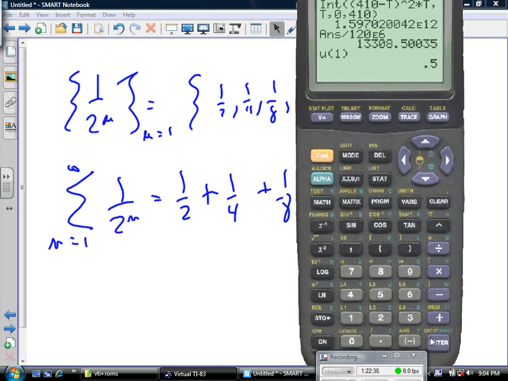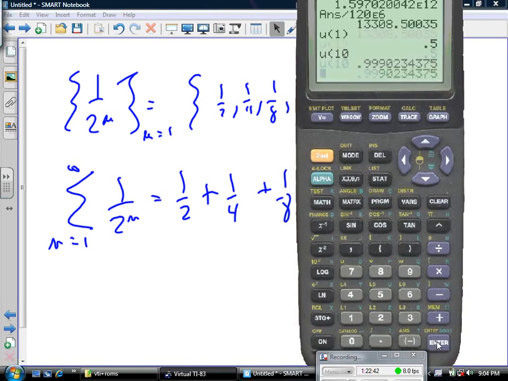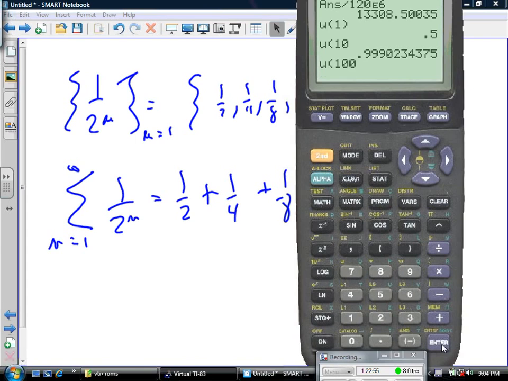We knew that. I want, let's see, second enter, U of 10. Remember, I changed it from fixed 4 to float, which is, in this case, like fixed 12. Okay. I want U of 100.